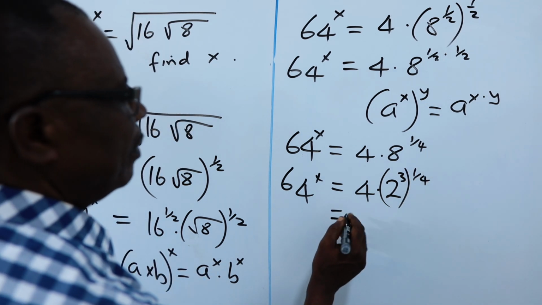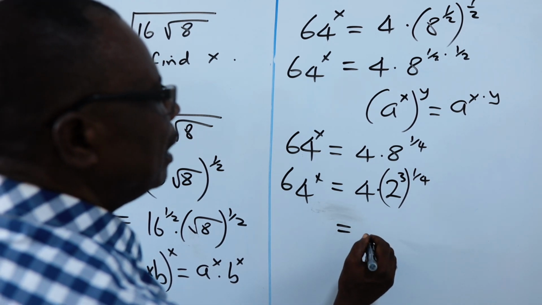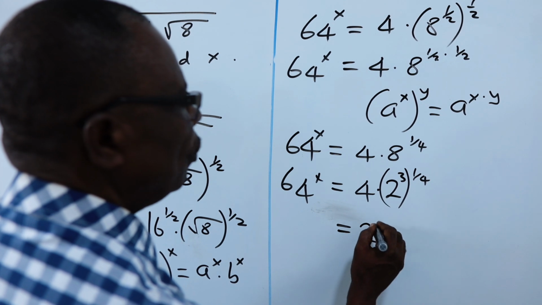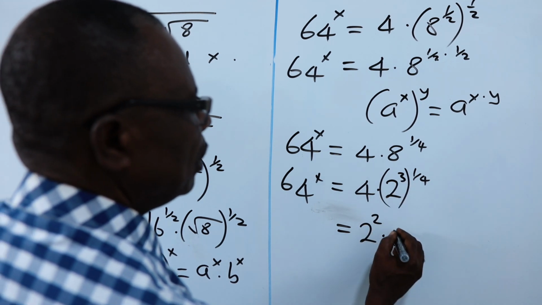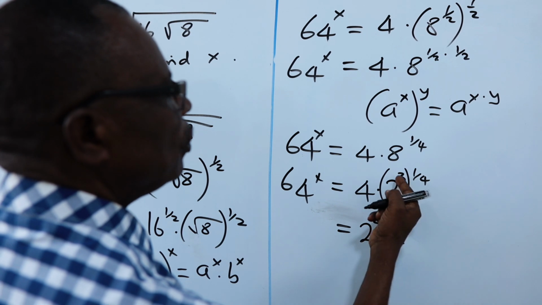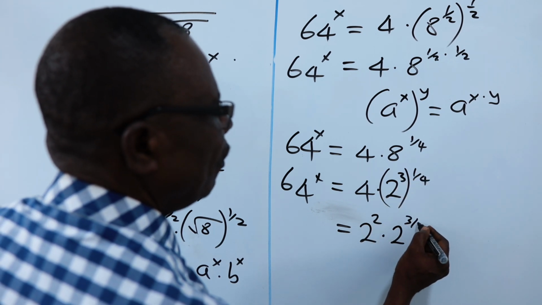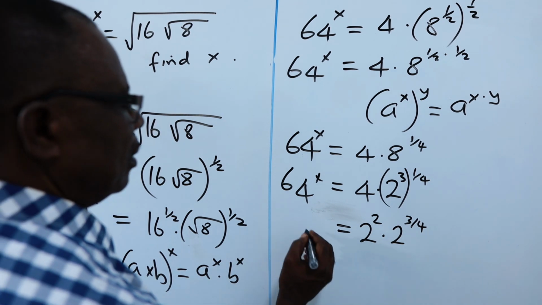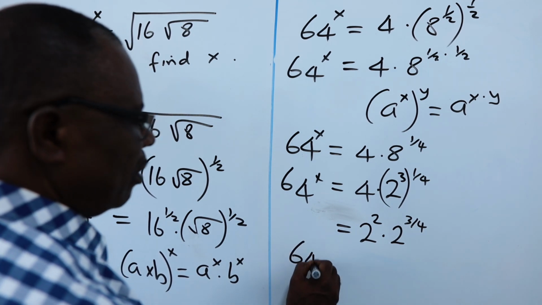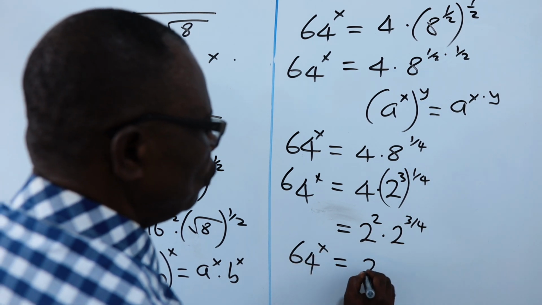At the same time, 4 can be written as 2 raised to power 2. So this is times here 2 raised to power 3 times 1/4, which is 3 over 4. So we have 64 raised to power x is equal to 2.